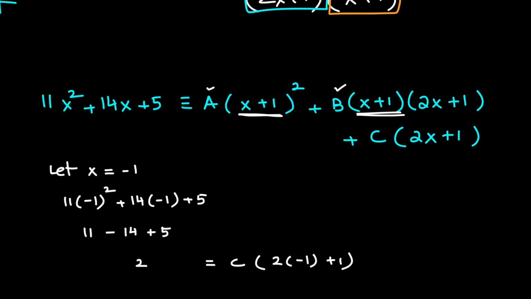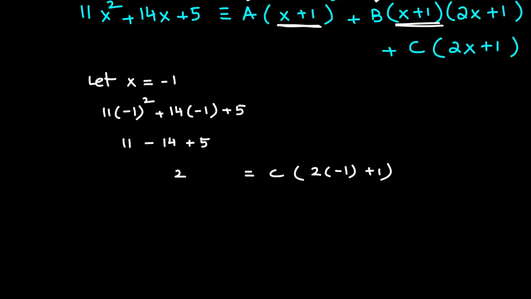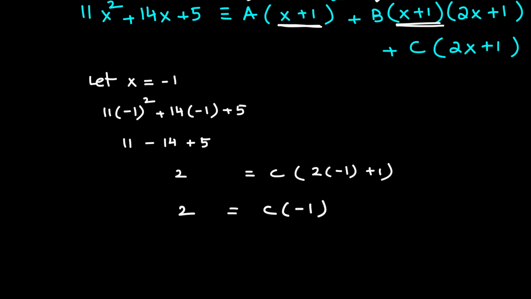So therefore, 2 is equal to c into -1. Therefore, c comes out to be -2. That is the answer for the very first constant, which in this case is c. So I found the value of c, which is -2.